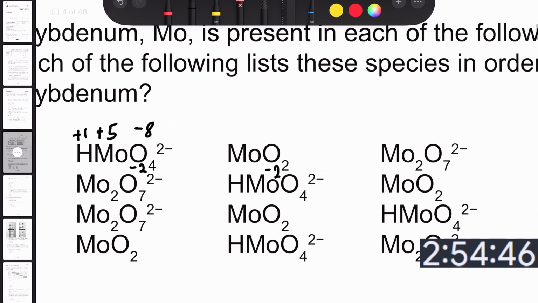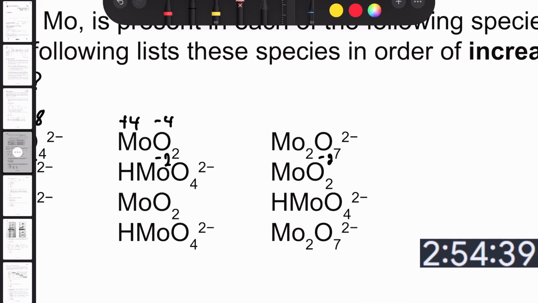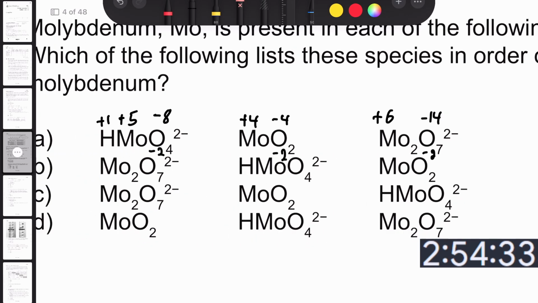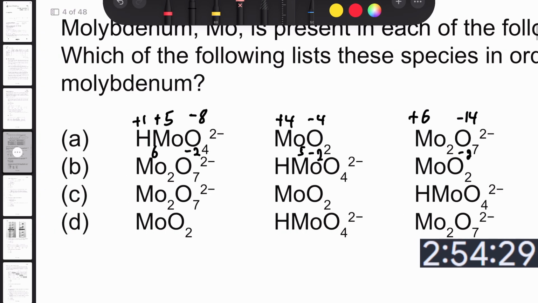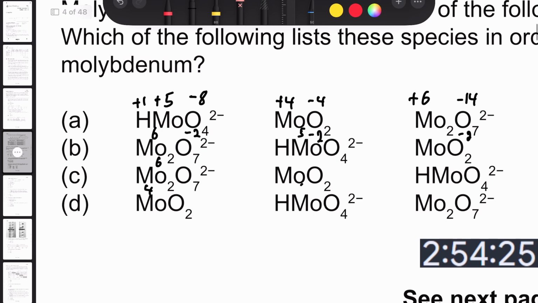This is -2, so the total is -4, so this is +4. And this is -2, so in total this is -14. So to get this to -12, we need that to be 6. So here this is 6, 5, that's not it. This is 6 again, but this is 4, 5, and 6, so it must be D.